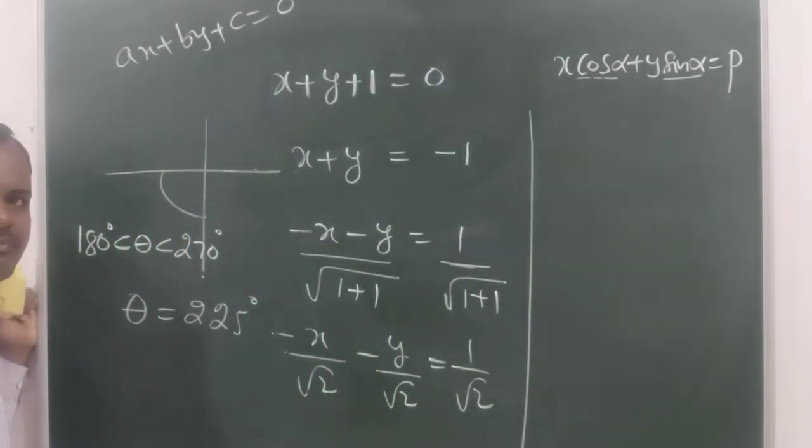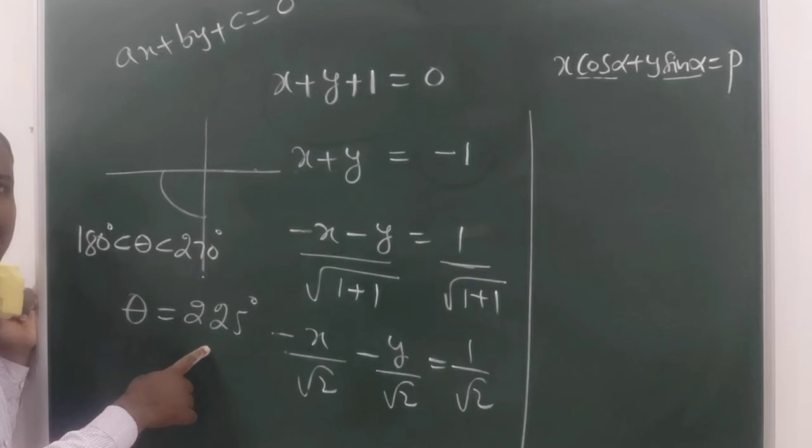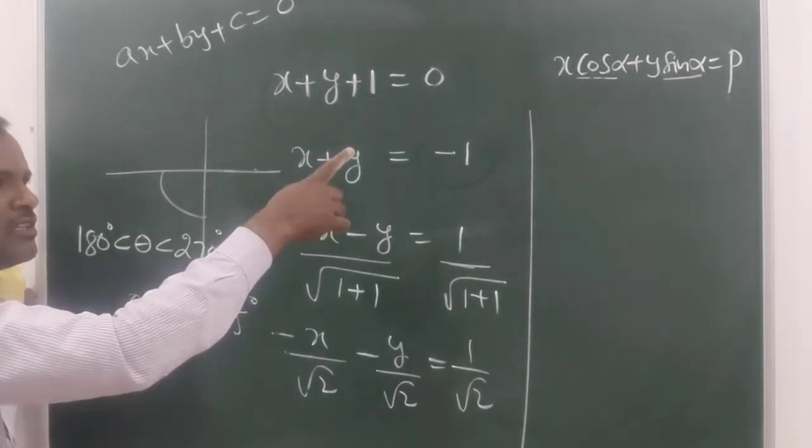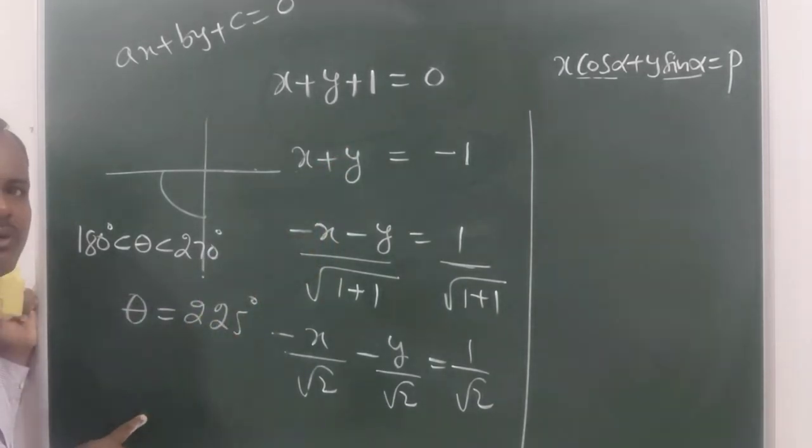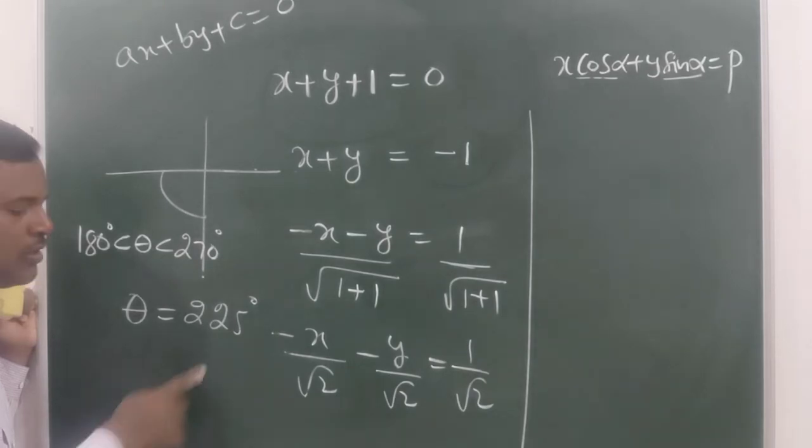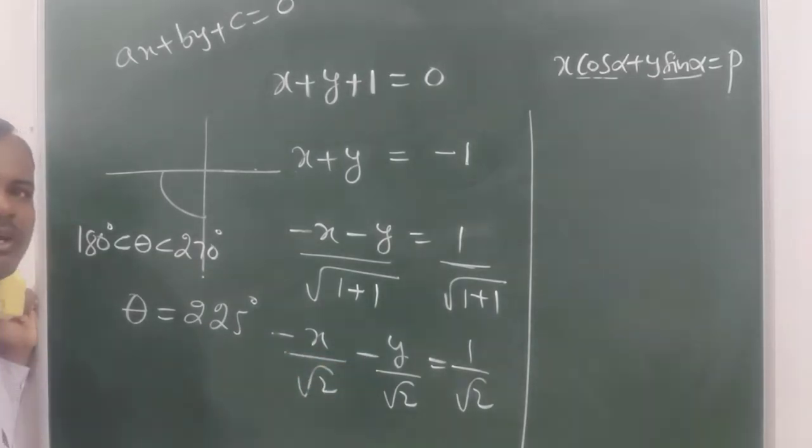Am I right? Cos 225, 180 plus 45. Sin 225, 180 plus 45. So both will be minus 1 by root 2.